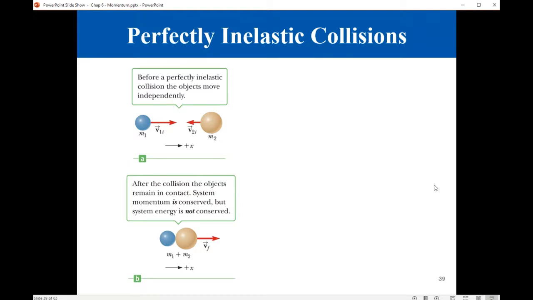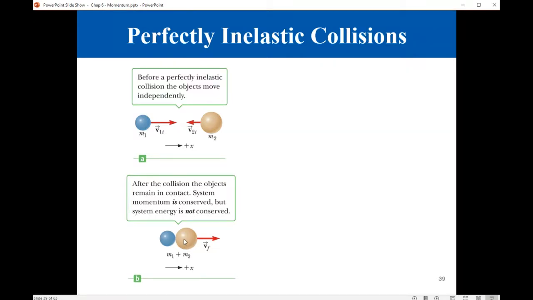This is a graphical representation for a perfectly inelastic collision. Before collision, you have two objects moving toward each other, M1 with V1 initial, M2 with V2 initial. After collision, they stick together.